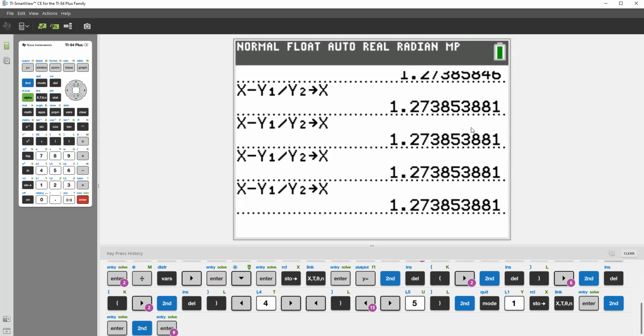So it is 1.27385, 5, and then 3, but then there's an 8 after it. So that would cause that to go to a 4. And that's your 6 decimals of approximation.